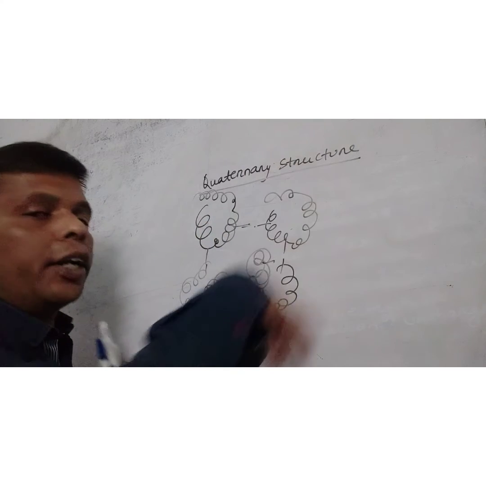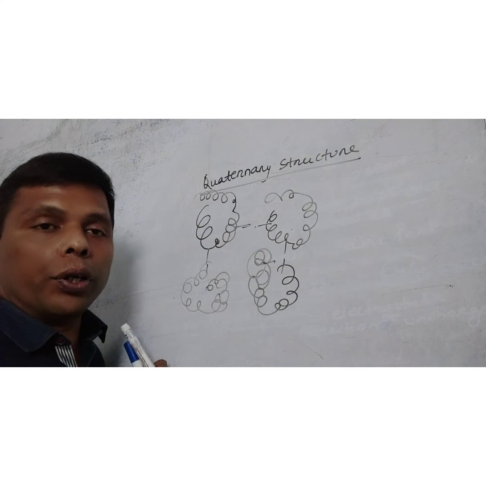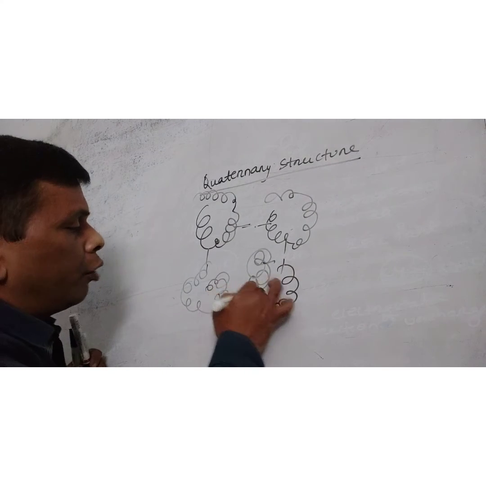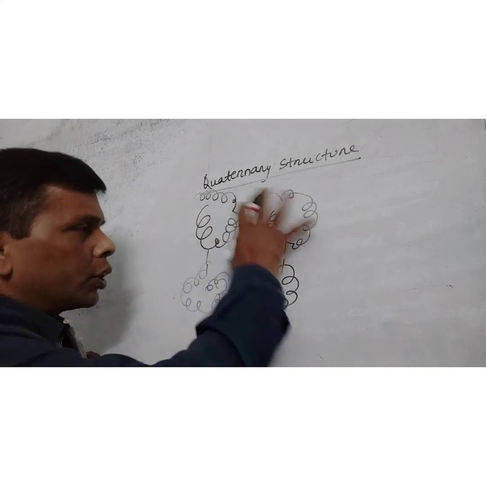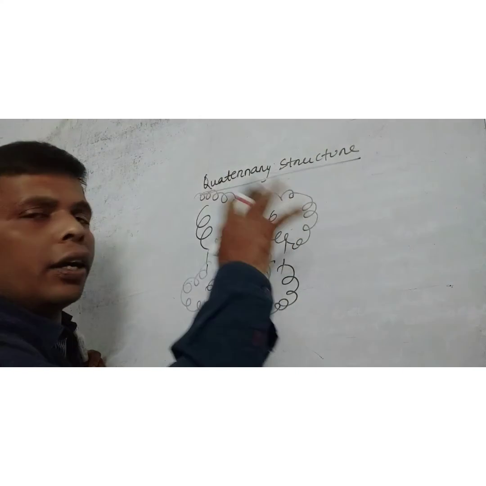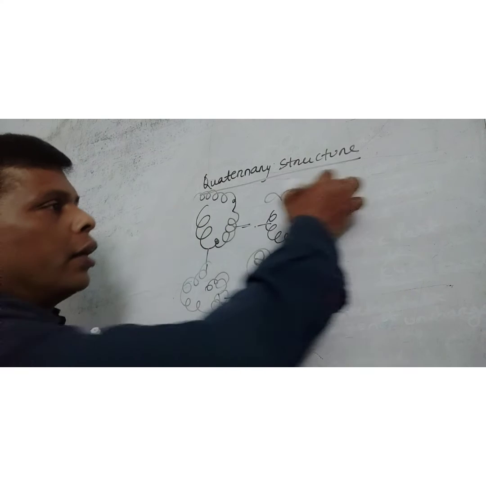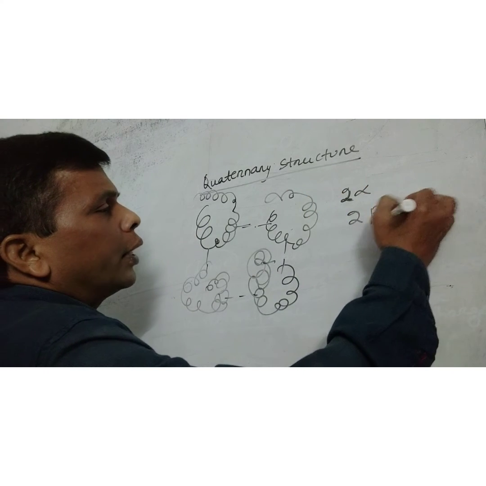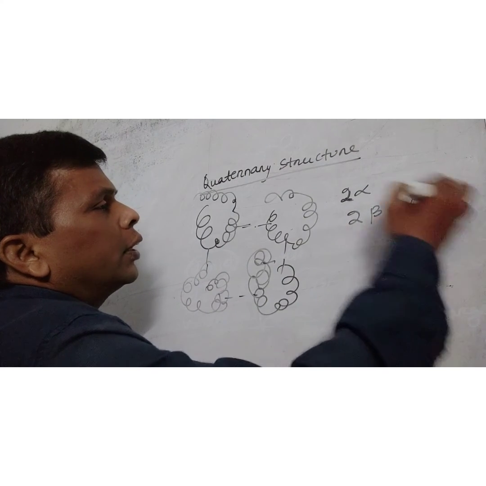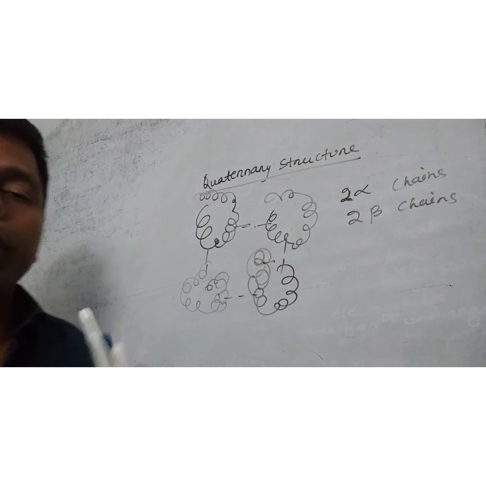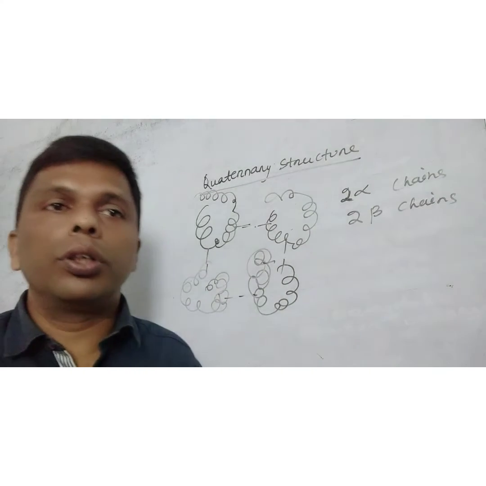They are linked by different types of bonds: hydrogen bond, disulfide bond, ionic, hydrophobic. These interactions exist between them. There are two alpha chains and two beta chains, and these are joined producing the quaternary structure.